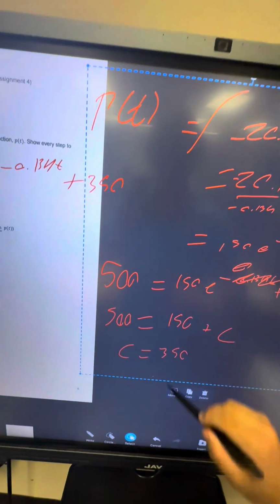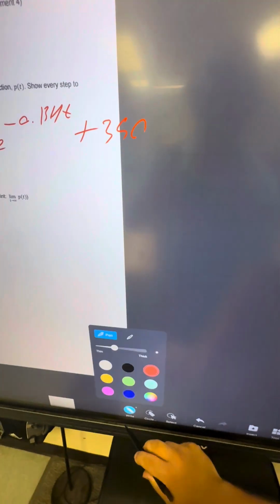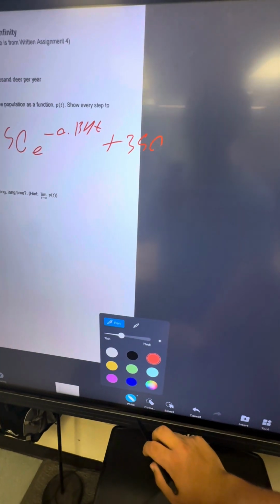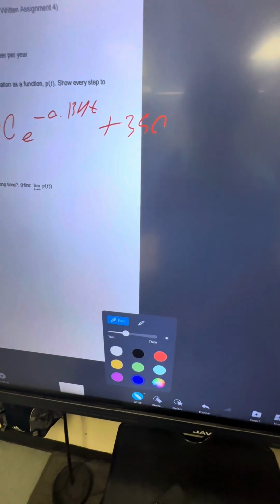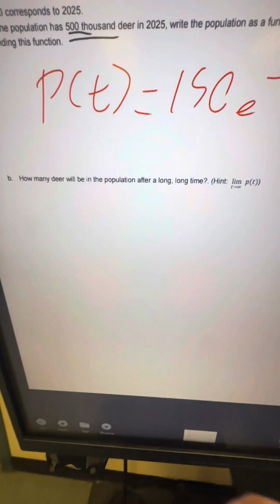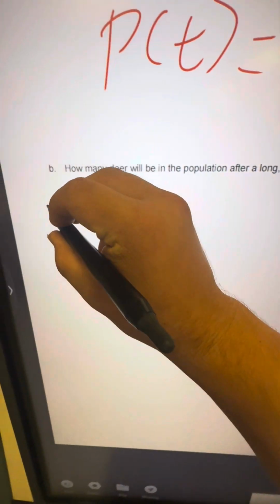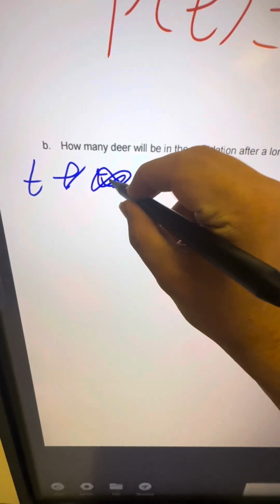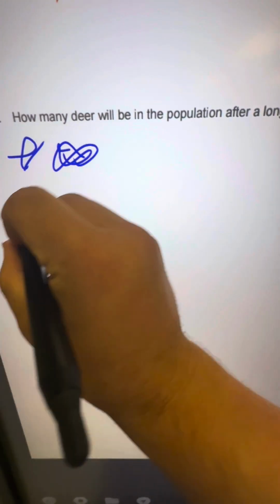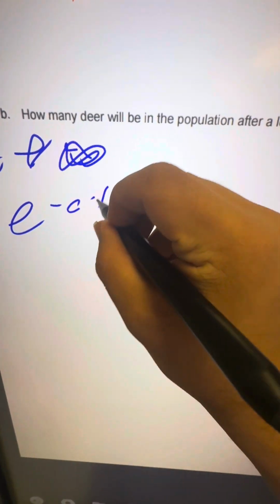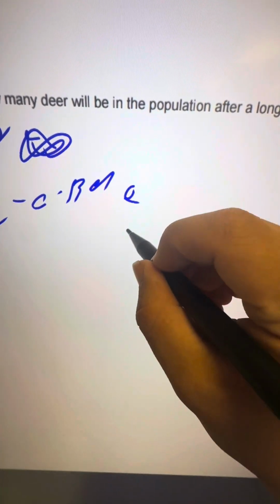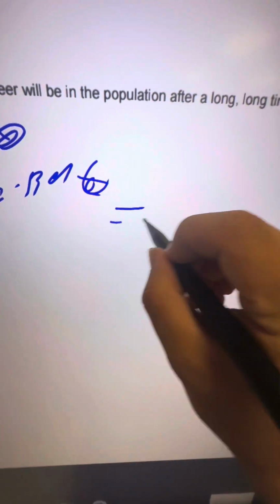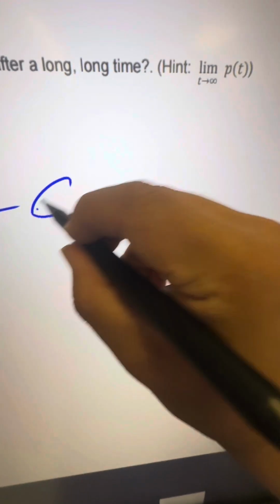And then, if you don't mind, I am going to erase most of this right here so I have room for B. Let's make B blue. Okay. Same thing as the other one. So we're going to have pretty much infinite time, e to the negative 0.134 t, so that's going to be equal to 0.